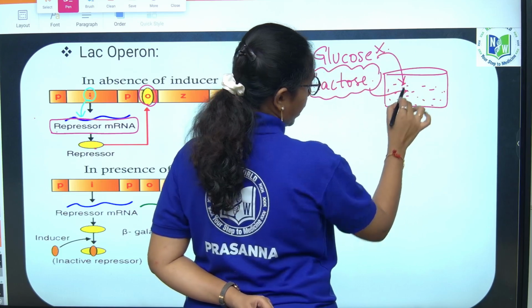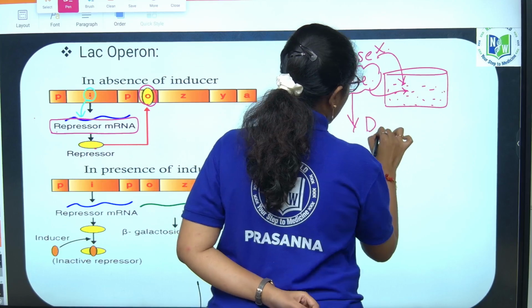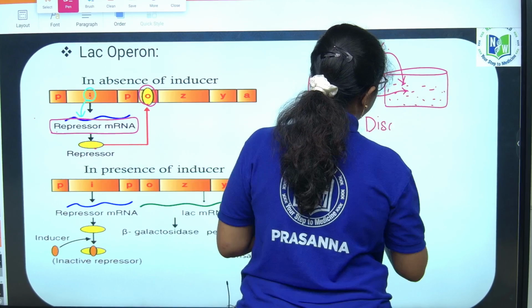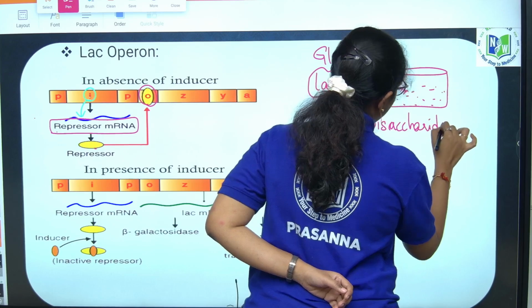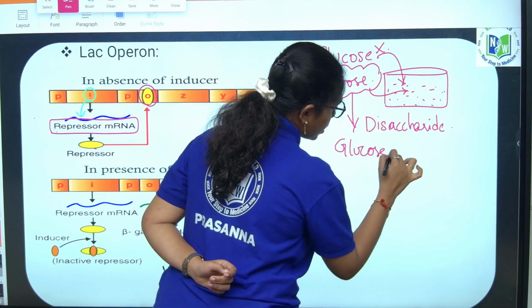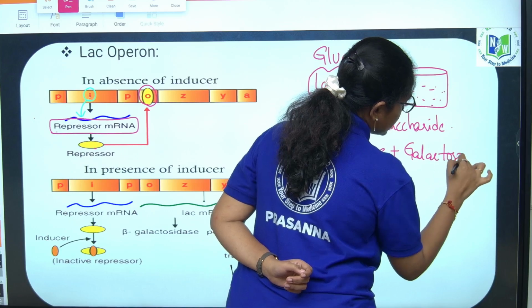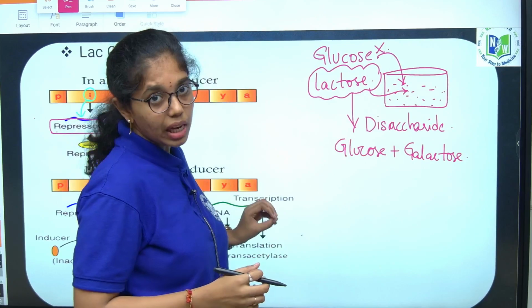Lactose is taken by the bacteria. Lactose is a disaccharide, which is broken down to glucose and galactose. This process is conducted by gene regulation. How that is happening, we will look into it.